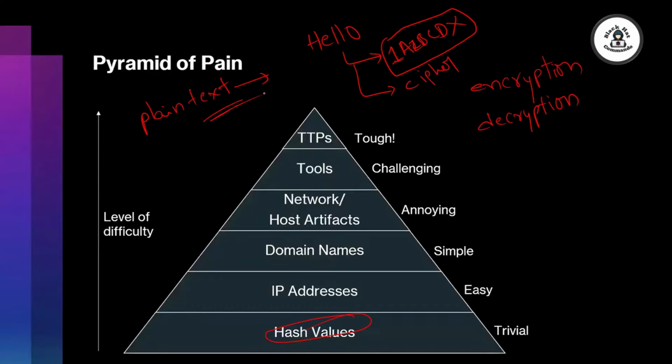So what is decryption? We have converted that hello into 1A, 2B, CD, X. To convert this unreadable format into readable format again, we use the decryption method. For example, if we use the encryption key as +2, we need to use the decryption key as -2.